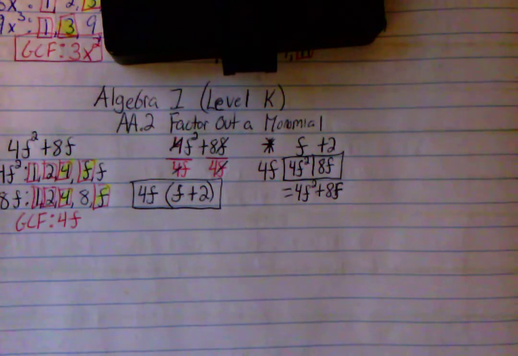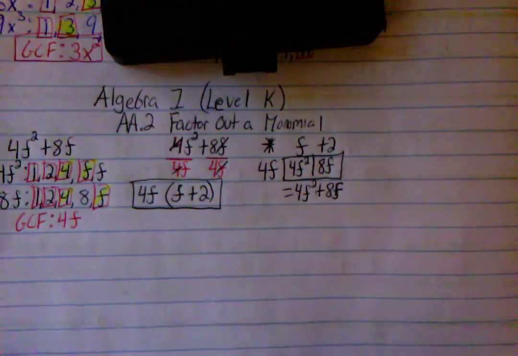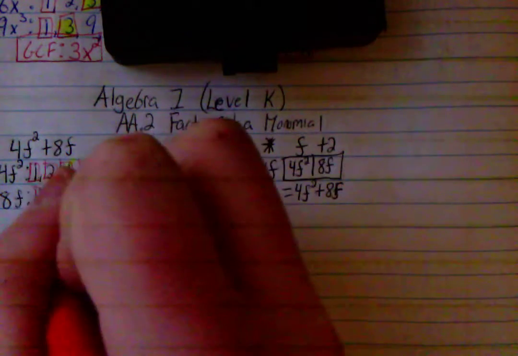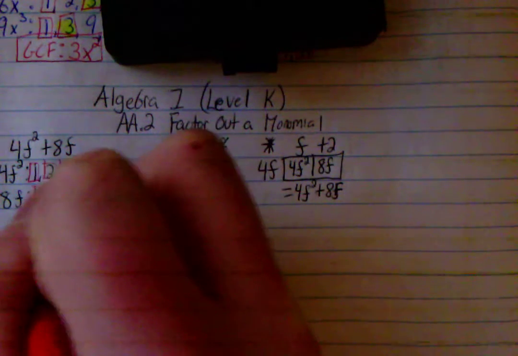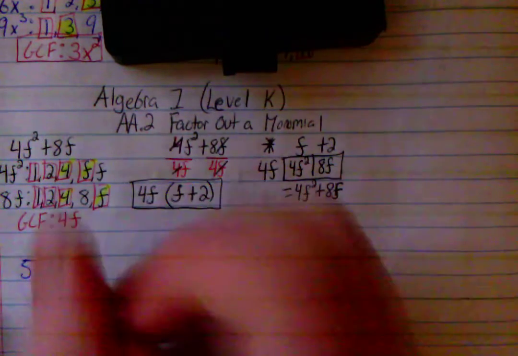Okay, let's do another example. This is around the 55 SMART score. It's pretty much the same thing. We have 5z minus 15.